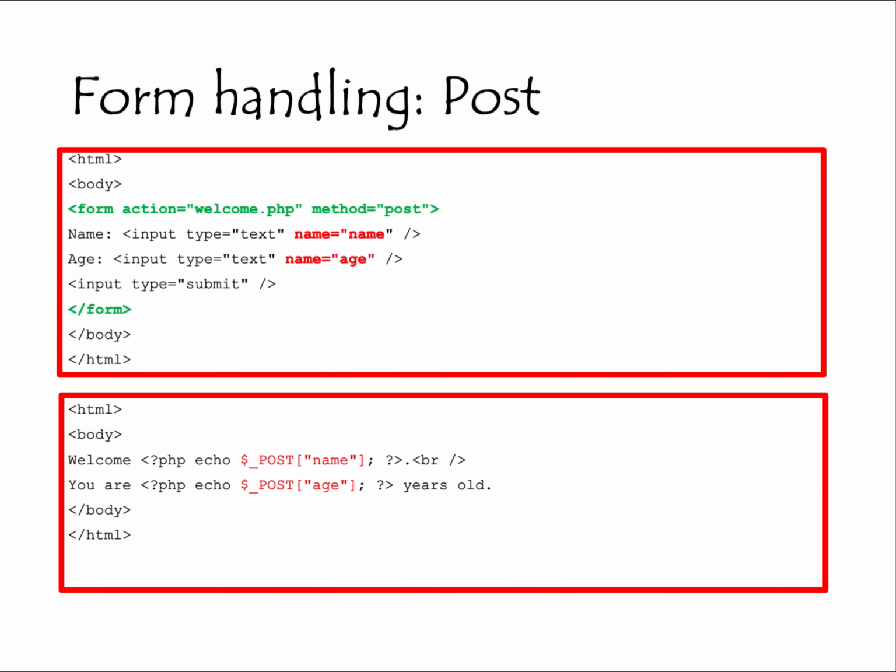In the receiving part, you have to distinguish which input is which. To do this, I told you it is very important to set up the name for each input with a unique name value. This is very similar to the primary key of your tables. With this unique name, you can retrieve the values that the user entered.